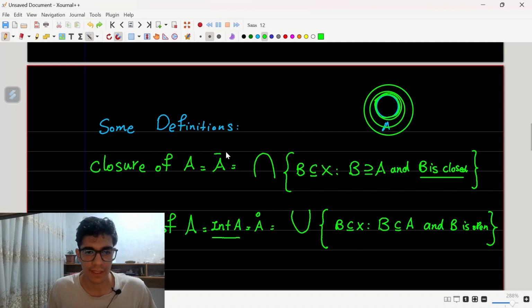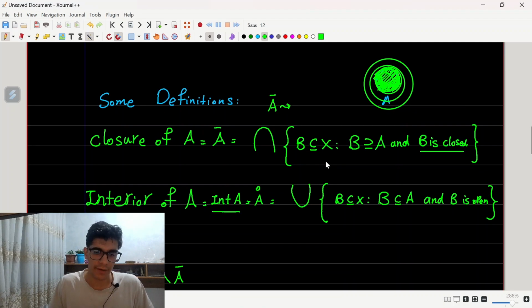Another way we can interpret this is that A bar contains all of its boundary points or limit points, and we are going to get to that. So this intersection will be something like this. As you can see, I have covered all of A and also a boundary of it. So that is what A bar is.